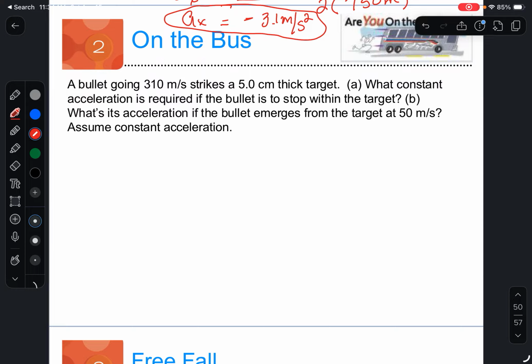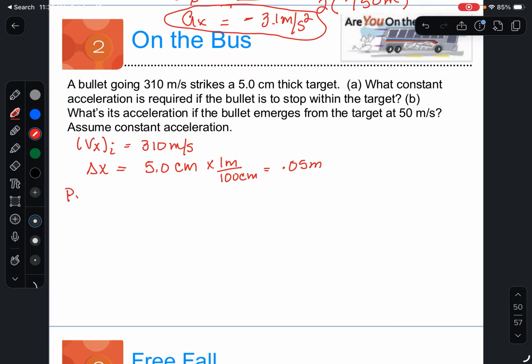We have our initial velocity equals 310 meters per second. And we have delta x equaling 5 centimeters. Well, we know that has to be converted to meters, so do it right now so you won't forget it. So in 1 meter, we have 100 centimeters, which is going to give us 0.05 meters.